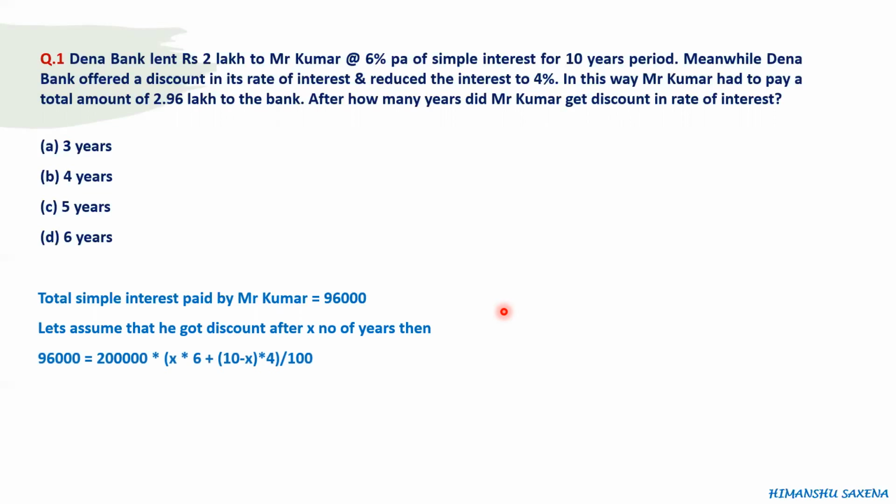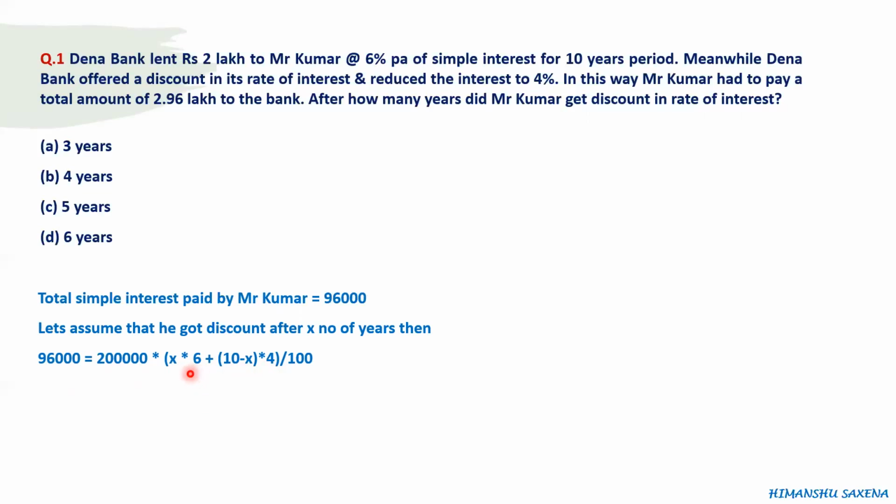So we can directly make this equation: he paid a total interest of 96,000, which would be equal to the principal amount, which is 2 lakh rupees, so he paid 6% for X years on 2 lakh rupees, and he also paid 4% per annum on 2 lakh rupees for 10 minus X number of years, right?